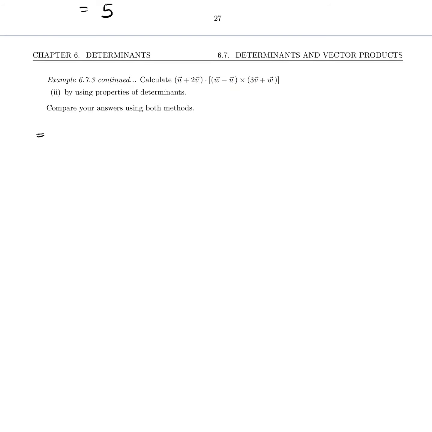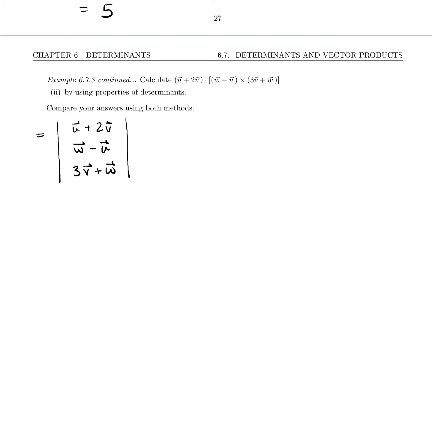So what we have over here is the determinant of u plus 2v, and remember we're using this as a shorthand rather than writing out all the components. We have w minus u, and lastly we've got 3v plus w.